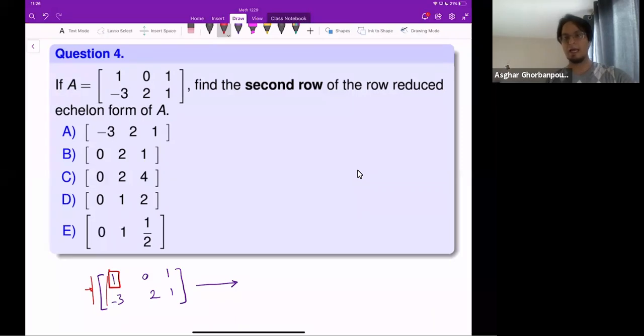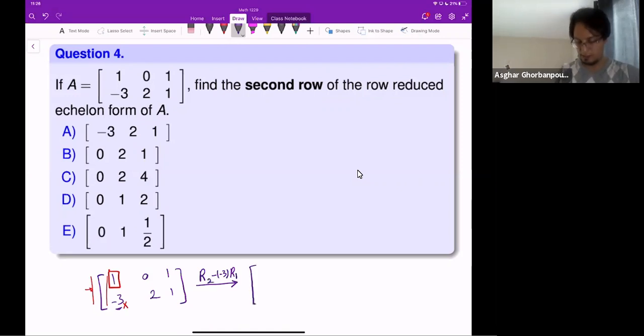And to do that, you need to apply the elementary row operations. What we do to make this entry 0, we multiply the negative of that, which is -3, times the row which has the leading one, and then add it to the row with that entry to delete that part.